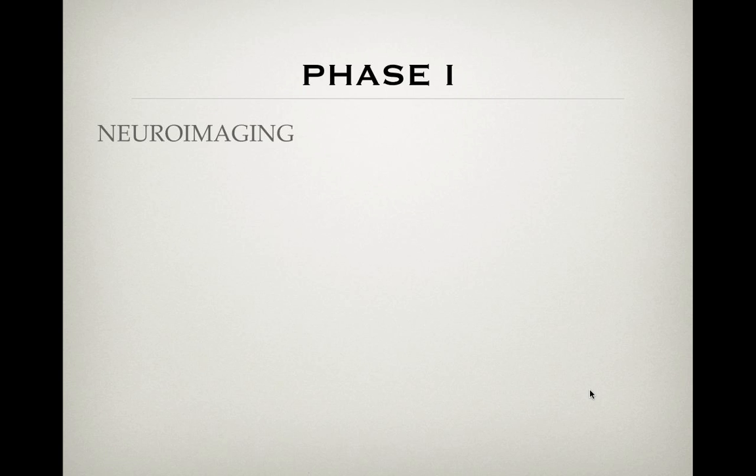Phase 1 definitely includes imaging, which looks at the structure of the brain. The EEG looks at the function, but we definitely need to make sure there are no tumors and scarring. There's a special type of protocol or procedure that we do with the MRI. Just a regular MRI that your doctor might order for you is not sufficient.